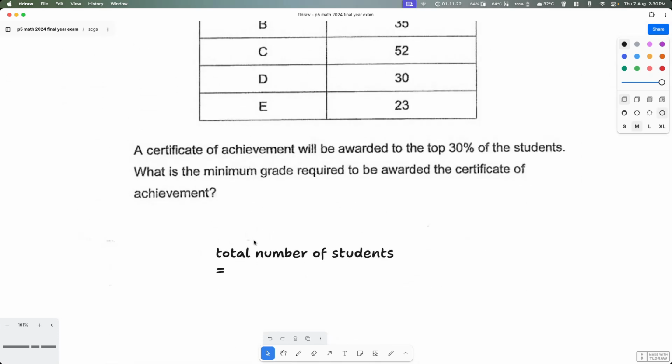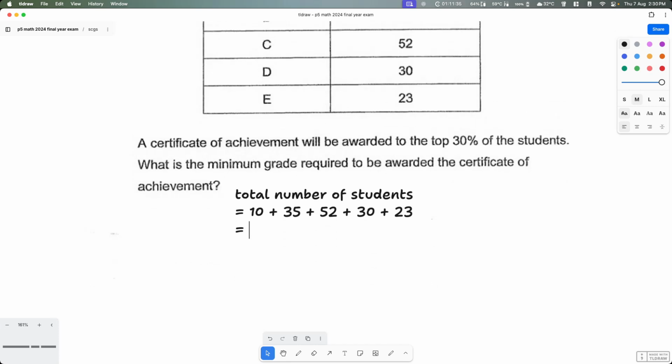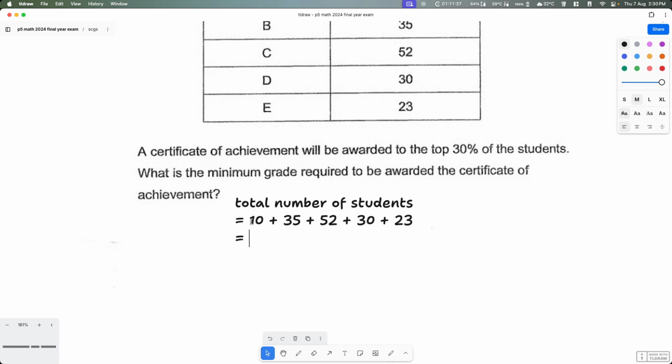Let me just put this at the top so I can see. All right, so 10 plus 35 plus 52 plus 30 plus 23. I'm going to rearrange these numbers to make it easier to add. 30 plus 35, 52 plus 23, plus 35.